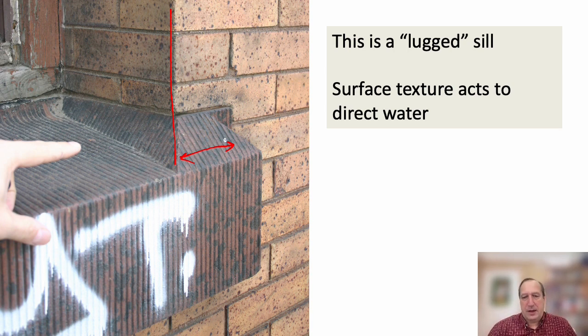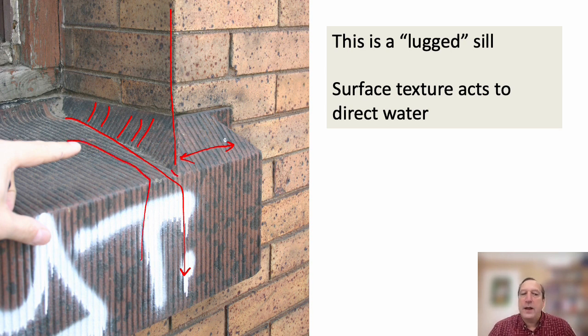But this lugged sill takes it to a whole other level in that by chiseling into the granite that is this windowsill, these grooves, which is how you shape granite with a stonemason's chisel anyway. It's just normally they then smooth it off. And in this case, they left them exposed, and that really directs water to follow along that texture.